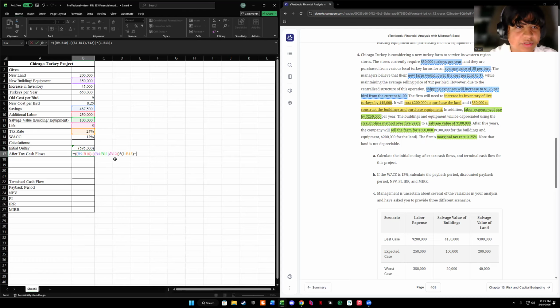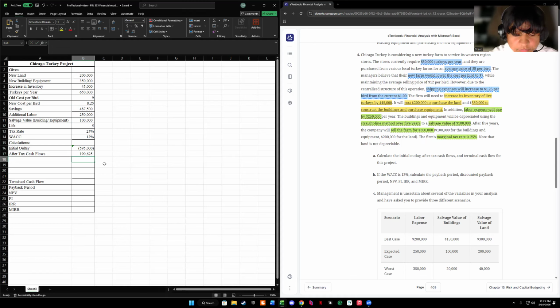And then you add back the depreciation, which in this case is just this. Add back depreciation. There we go. Now we have our per period operating cash flows.